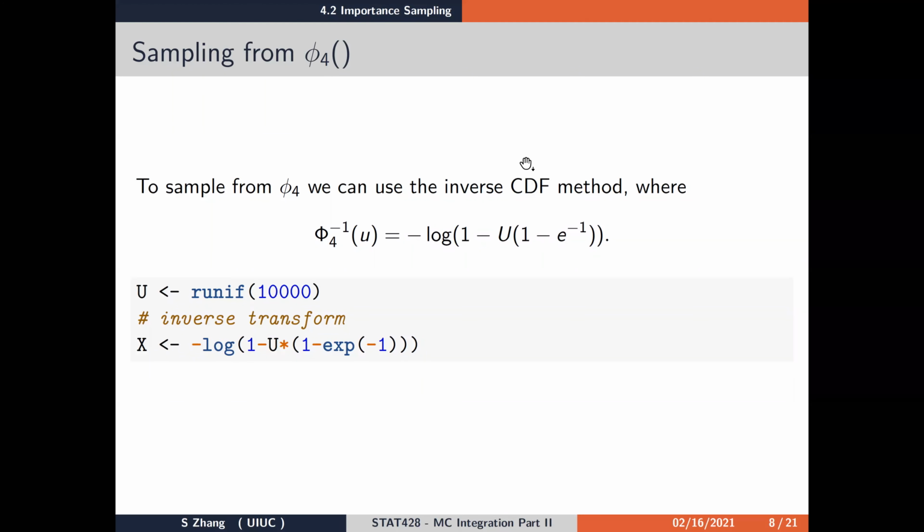So we can apply the inverse CDF method to sample from the distribution with density phi 4. First of all, we draw the samples from the standard uniform distribution, and then we apply the inverse CDF transformation. So we set our x to be equal to this inverse CDF function evaluated at our u draws. So our resulting x's will be the random samples from the distribution phi 4.